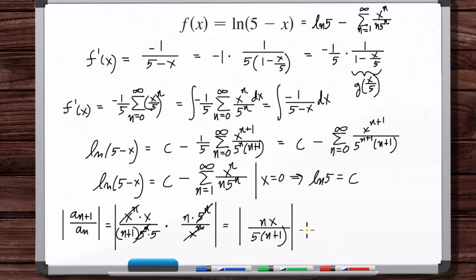Okay, now the n portion is never negative, going from n is equal to 1 to infinity. Okay. Now, what do we do from here? This is the absolute value of a sub n plus 1 over a sub n.